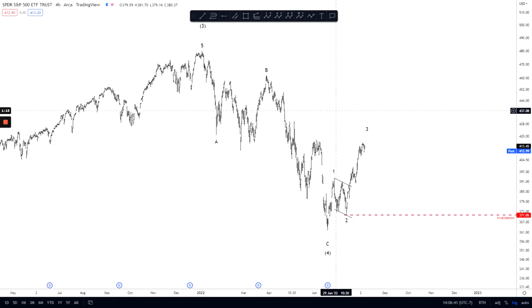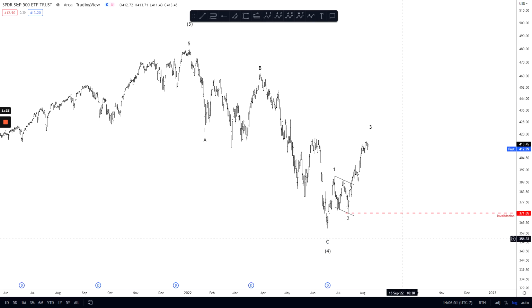So on the 4-hour chart, we have a clear correction, A, flat B, and wave C to complete intermediate degree wave 4. It's at these possible turning points that Elliott wave really shines, because at this point there is a lot of uncertainty.